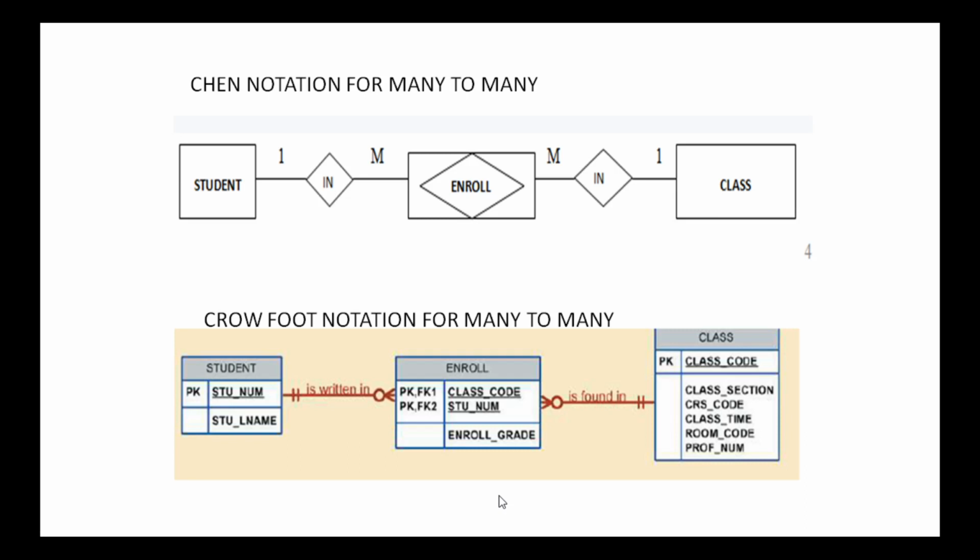Class code and student number are the primary keys in the associative table as well as the foreign keys. A foreign key is a reference key which refers only to primary key column values, to ensure the integrity of data in the database.